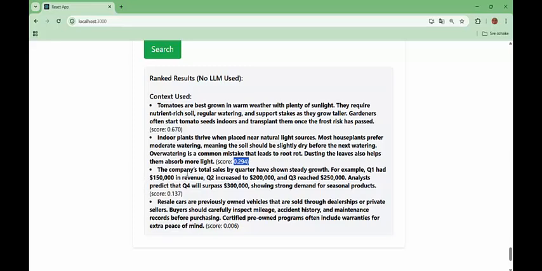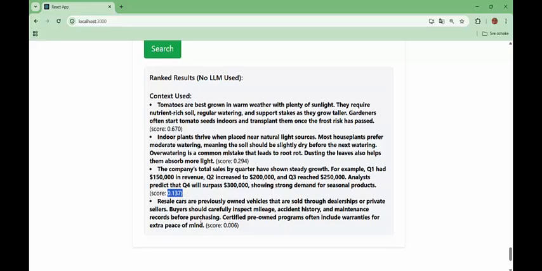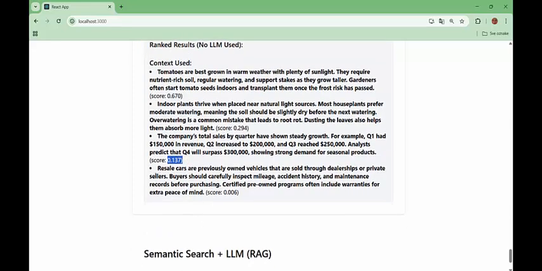0.294, but you see, "the company total sales by quarter," it is something about sales by quarter, shown 0.137, and resale cards, and this complete, there is 0.006.